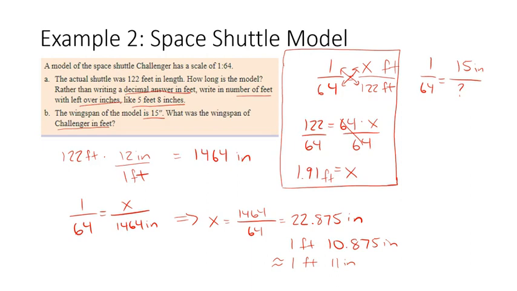To find the Challenger wingspan in inches, we cross multiply and we find 15 times 64, which is 960. To find the number of feet, we then divide 960 by 12. So this is 80 feet.